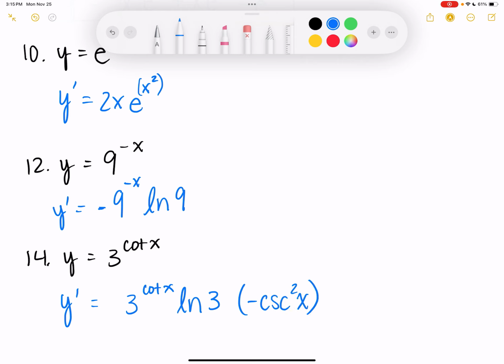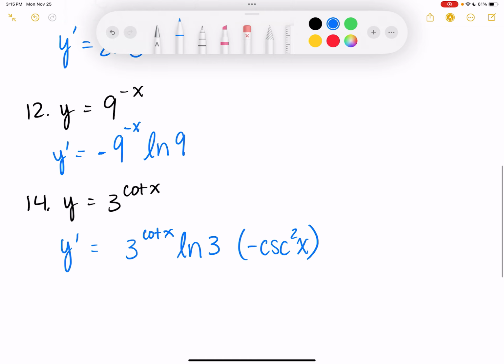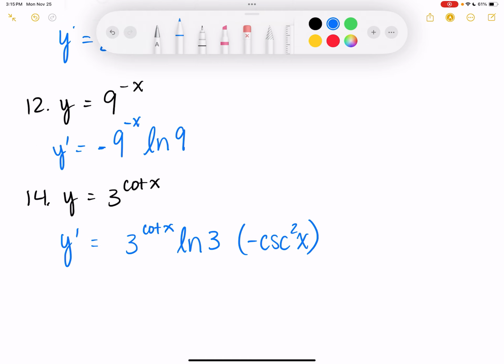So the only thing that I would really do differently as far as rewriting this to wrap up the whole problem is if I was going to leave it, I would move the negative to the front and say negative 3 to the cotangent of x, ln of 3, cosecant squared of x, and probably put parentheses around cosecant squared of x, if I'm being honest.